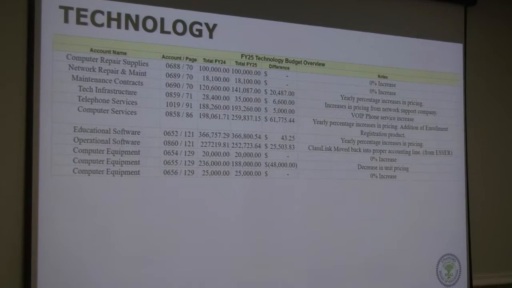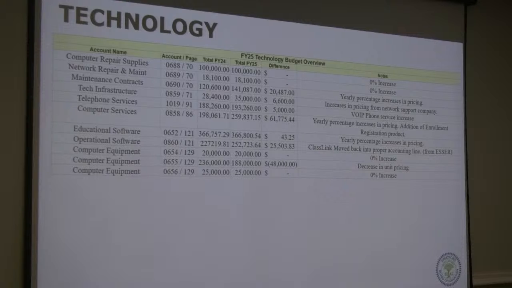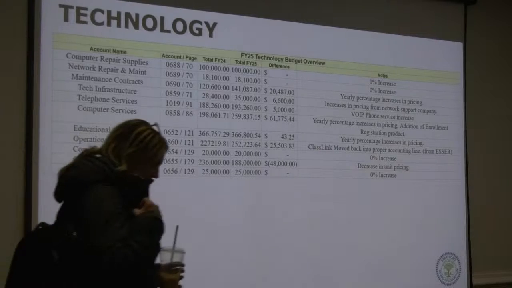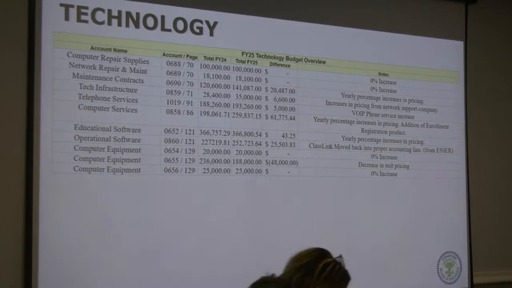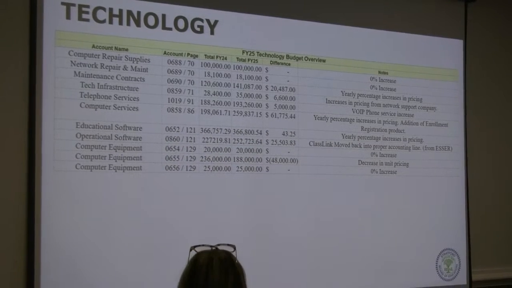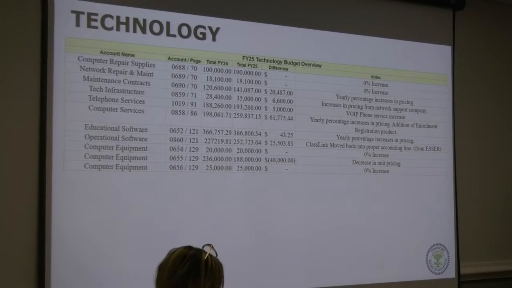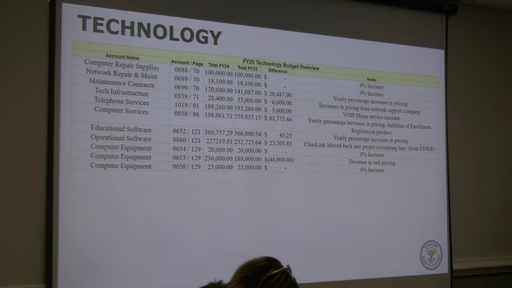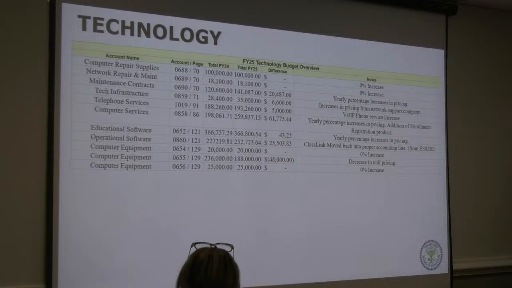Mostly, we have a lot of zero increases on mainly our hardware lines. A good portion of our increases are all from our software companies. Inflation is still a thing. And it's not just us, all school districts get the same increases usually about every 2 to 3 years.